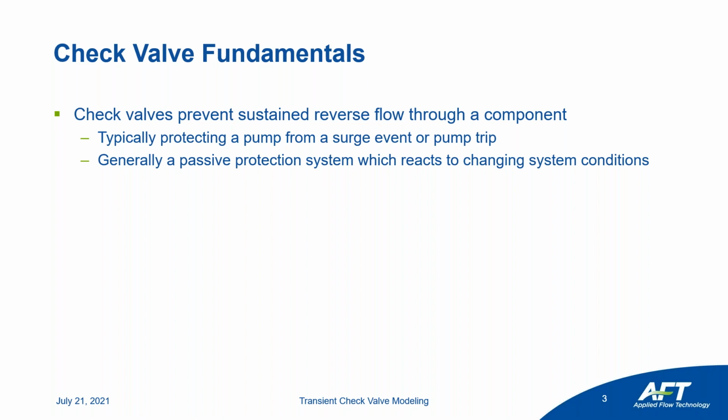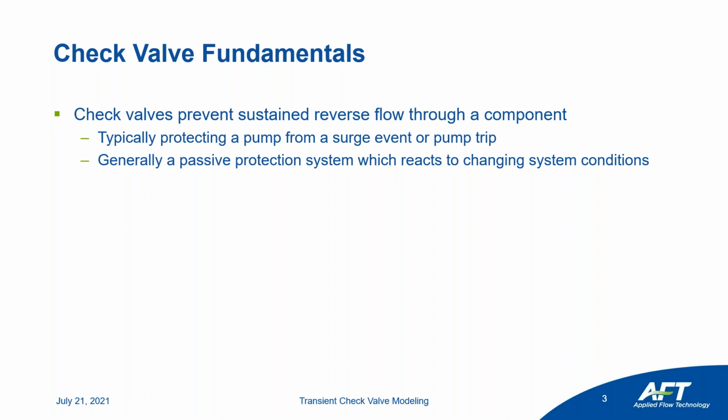So a few things can cause that flow reversal. We'll look at some of the causes a little later in the webinar, but the most common ones are a pump tripping and you're losing that driving force, or something like a surge event where a sudden high pressure downstream of a pump might cause flow to reverse. Check valves are a passive protection system, meaning they don't rely on things like operator intervention or a control system to operate.